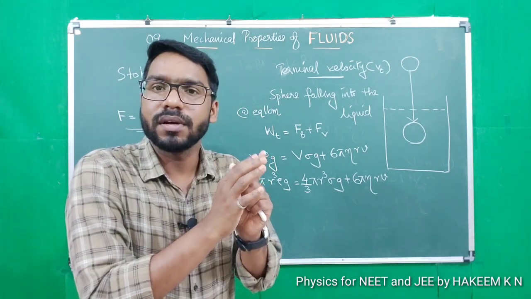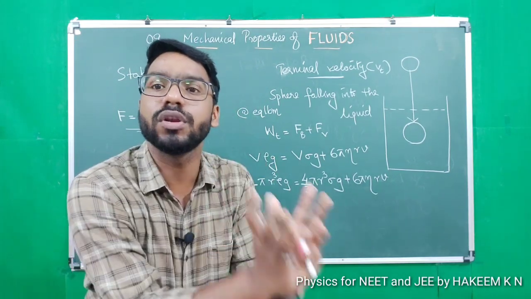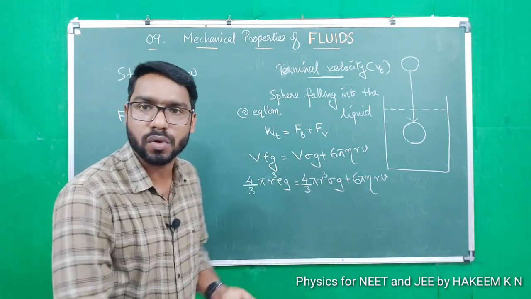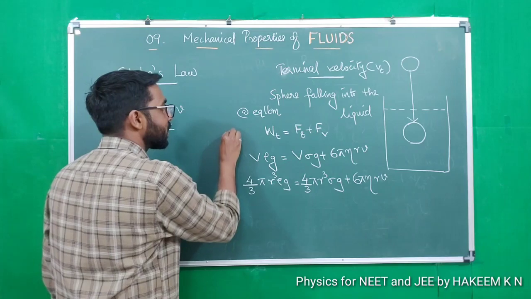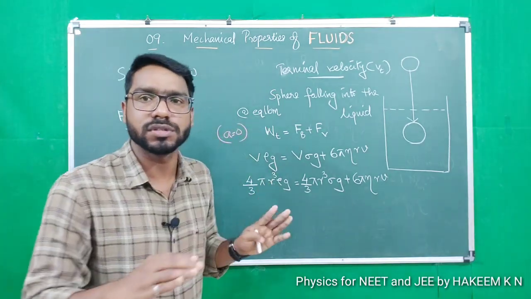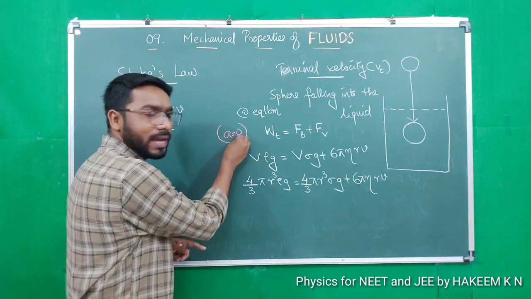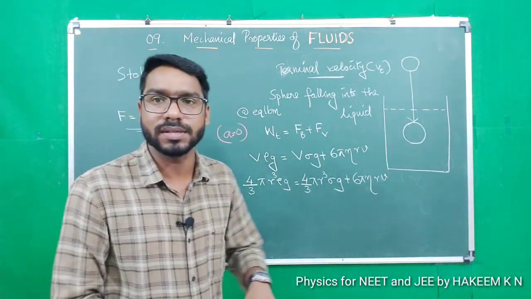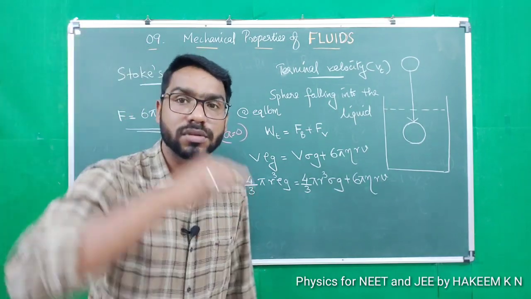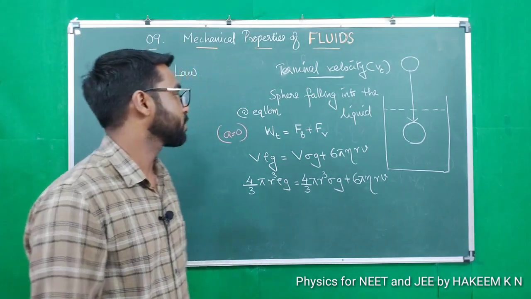At a moment, the body reaches the equilibrium condition. That means the net force is 0, so its acceleration becomes 0. Its downward force, the weight, is balanced by both the viscous force and the buoyant force.